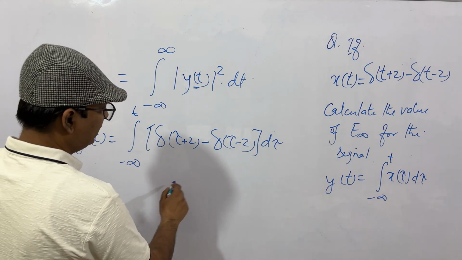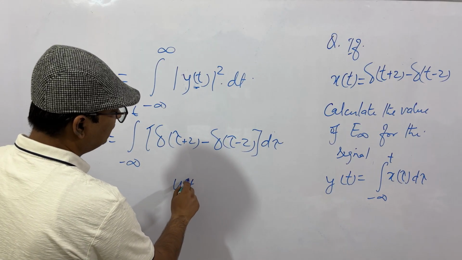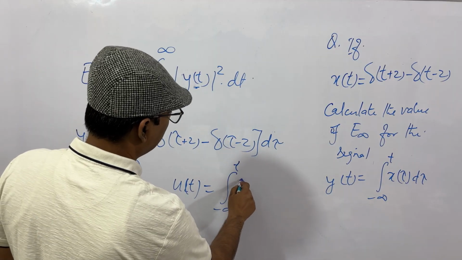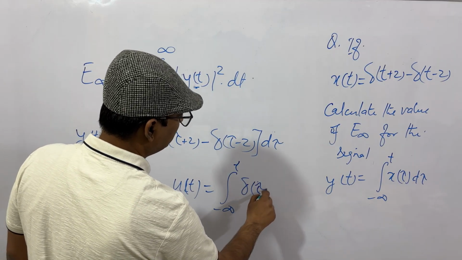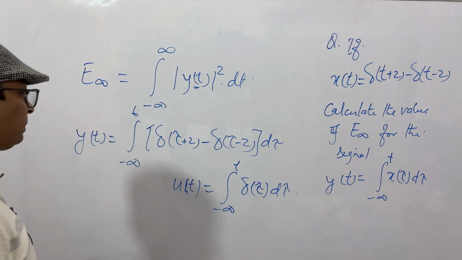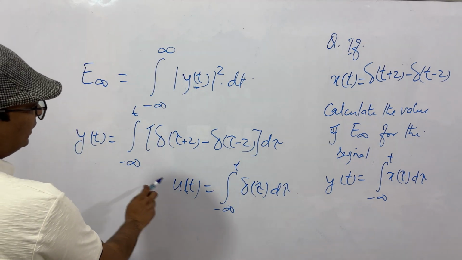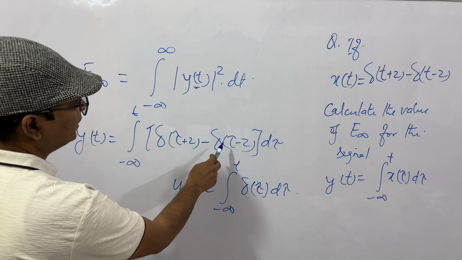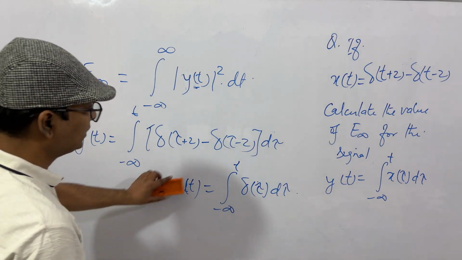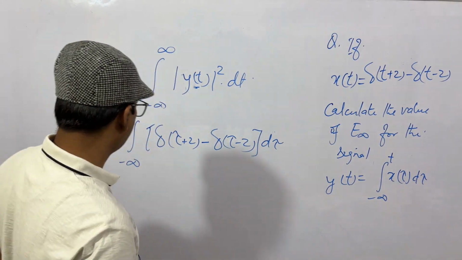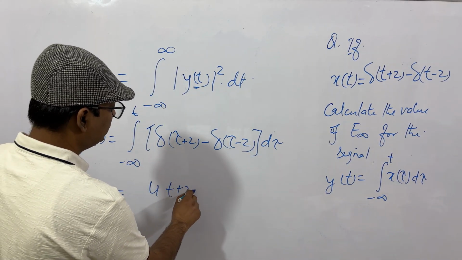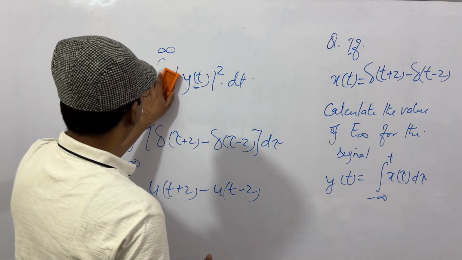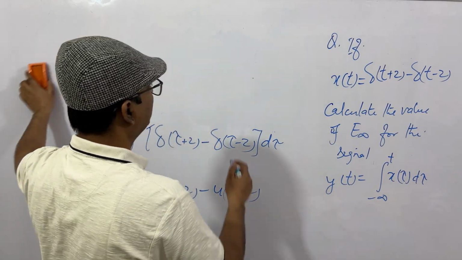Now, if you remember, we just saw that u(t) can be expressed like this: the integral from minus infinity to t of δ(τ) dτ. This is a very similar expression. So if you compare, you will see this is u(t + 2) and this is u(t − 2). So we can express it as u(t + 2) − u(t − 2).